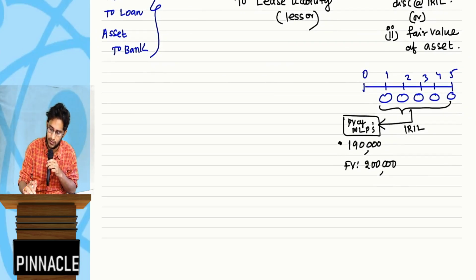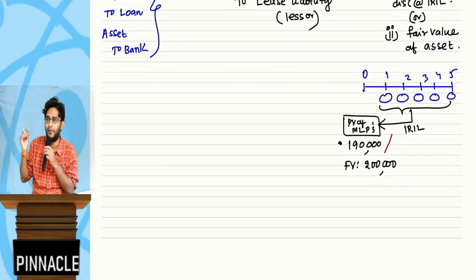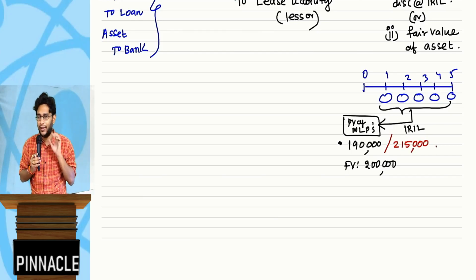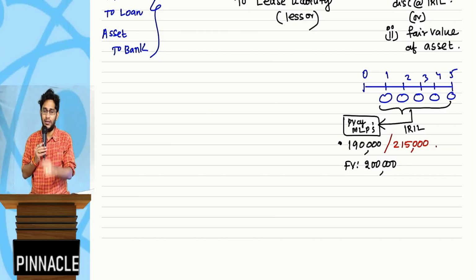Okay. Now, in some rare cases, what can happen is, when you do the PV of MLPs, suppose it's coming to 2,15,000. I agree. What I am paying is lease rent. The present value of the lease rents is coming to 2,15,000. So 2,15,000 only is cost, no? Correct. 2,15,000 is cost.